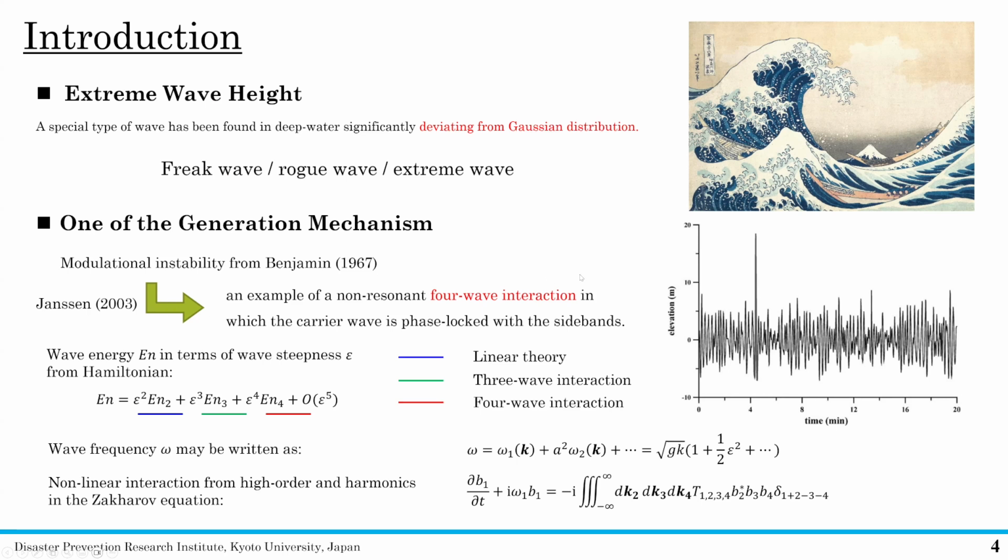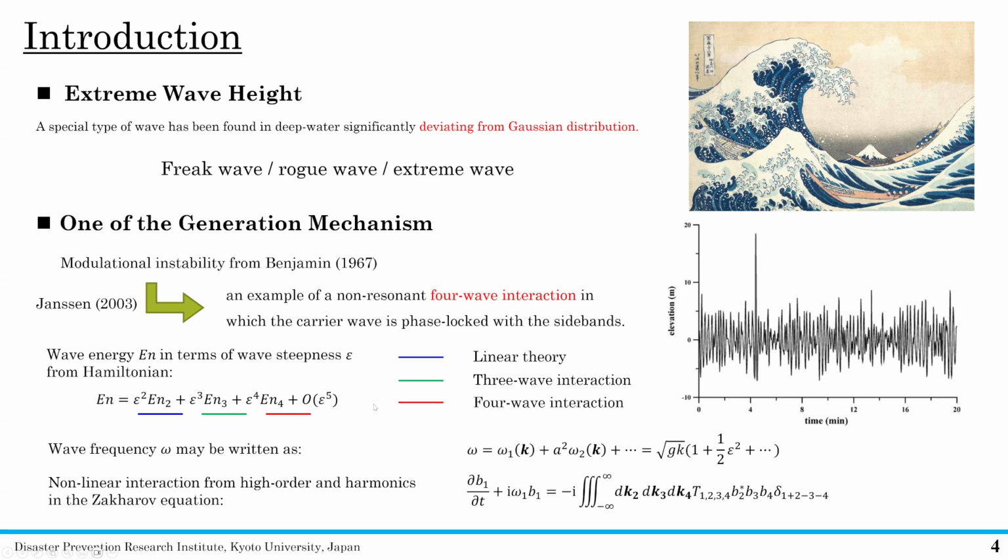One of its generation mechanisms we found is modulational instability, from Janssen. We can call it non-resonant four-wave interactions if we write the wave energy in terms of the wave steepness in Hamiltonian form. The first order terms look very small, but are very important in the extreme wave height distribution.